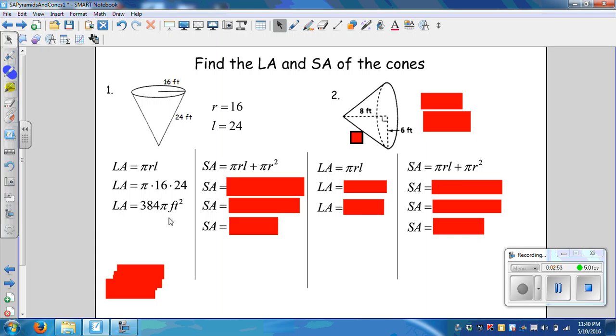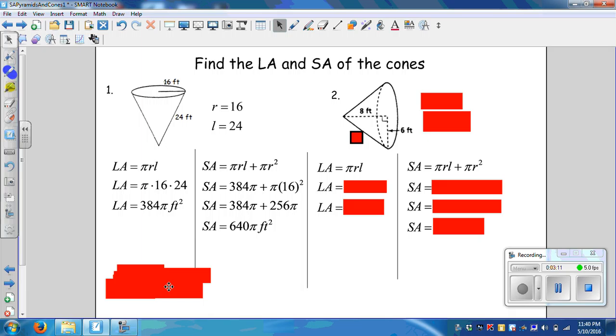The surface area includes the lateral area, but you're also working with the base, which is a circle. So we use the radius over here, which is the 16 squared. So from the lateral area, we get 384 pi, and from the circle, we get 256 pi, for a total of 640 pi feet squared.